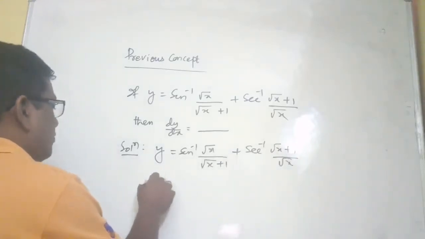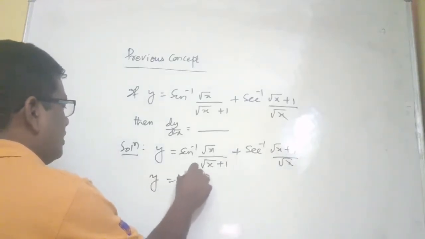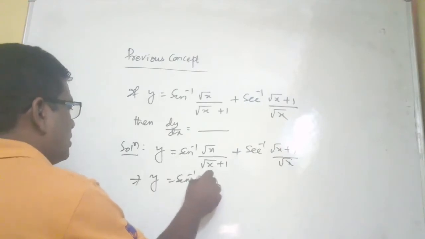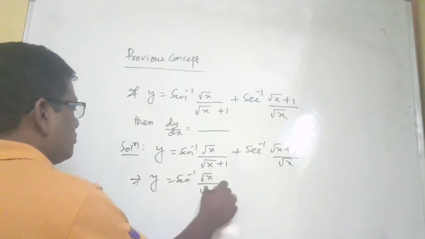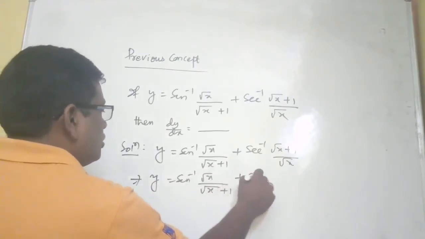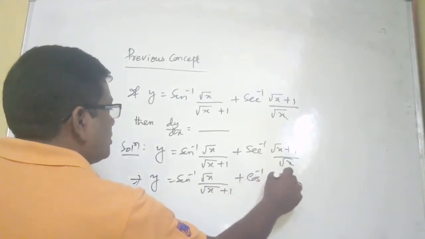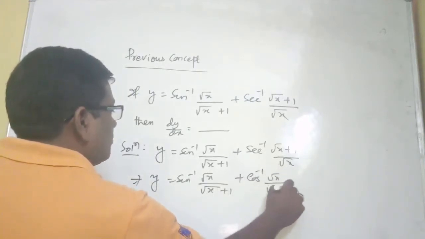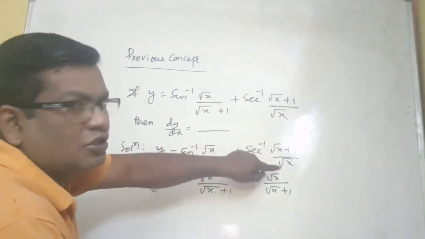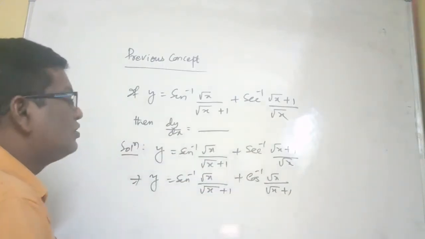So y is equal to sin inverse root x divided by root x plus 1 plus cos inverse root x by root x plus 1. Since it is sec inverse, its reciprocal is cos inverse.